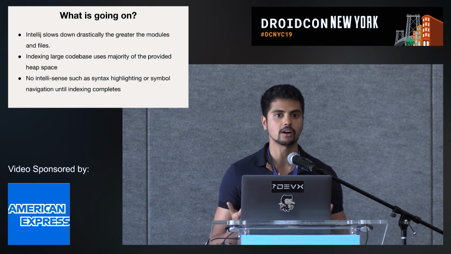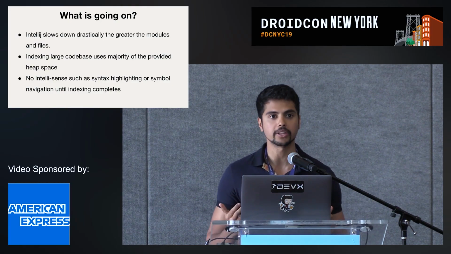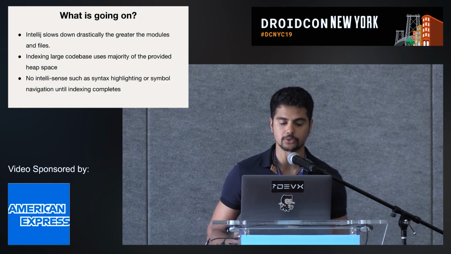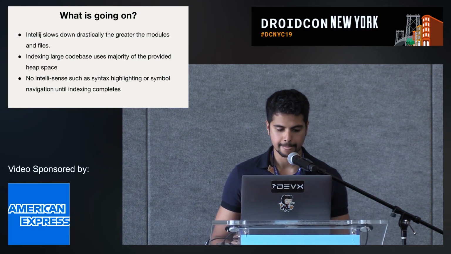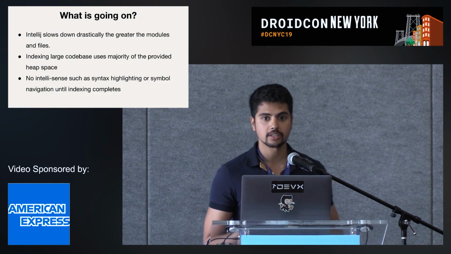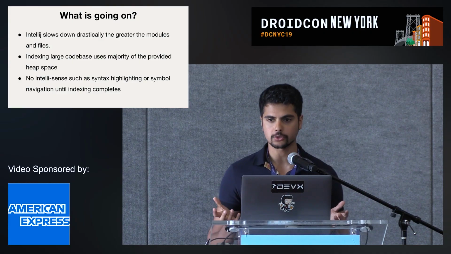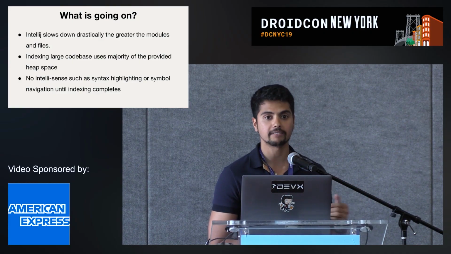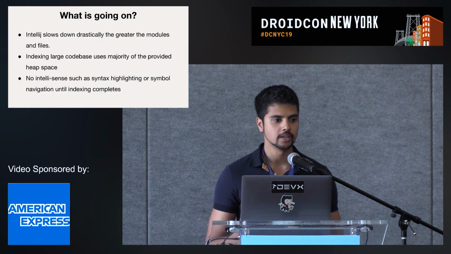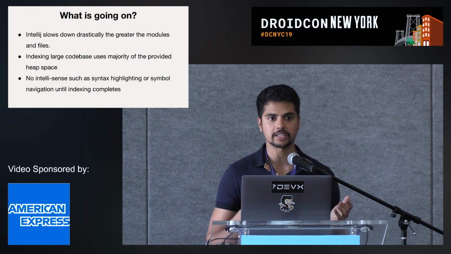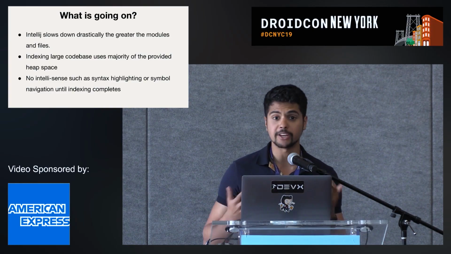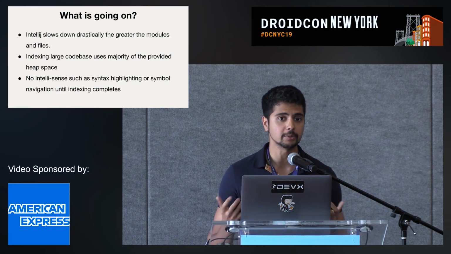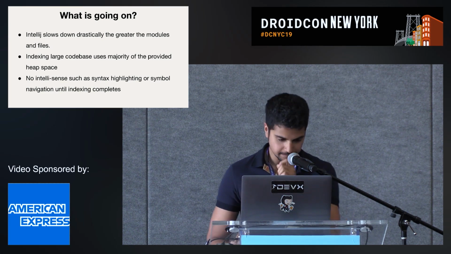So this adds on top of the existing cost that's already there with indexing a single source file. In addition, as I mentioned, because we have so many different source files, IntelliJ has to have a large heap space to process all this. So if you don't provide enough memory, you're going to maximize your heap space, and it's not going to be able to optimize everything properly.